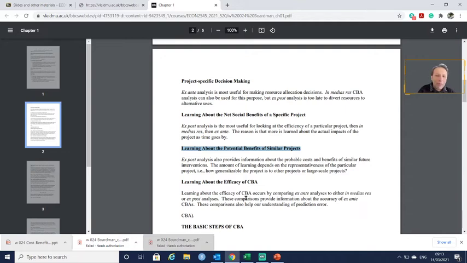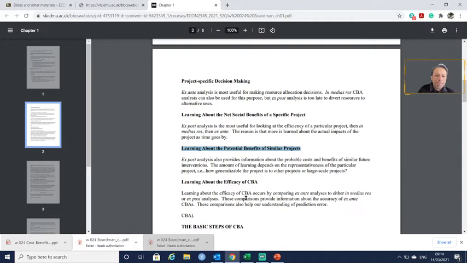The amount of learning depends on the representativeness of the particular project, how far it can expand to other projects in a setting where we have large-scale projects.